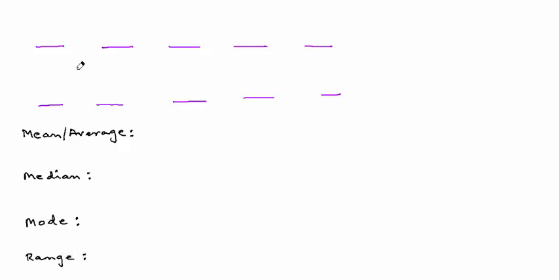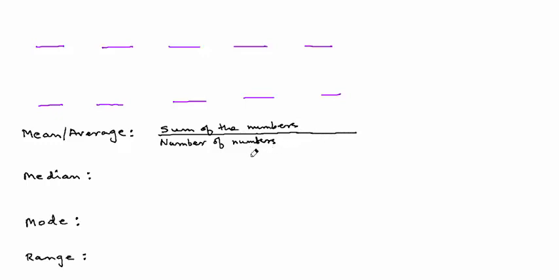The mean of a set of numbers is given as the sum of the numbers divided by the number of numbers that you have added. And obviously that's the same as the number of numbers on the list.